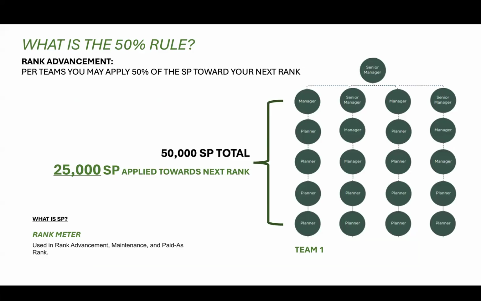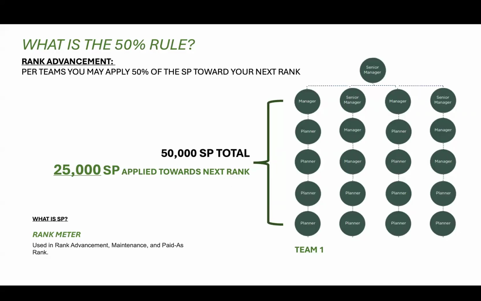In order to go to team leader or senior manager, any of these ranks, you hit the ranks by accumulating SP. So if you accumulate 50,000 total SP in one leg, you can use 50% of that to apply to your next promotional rank.